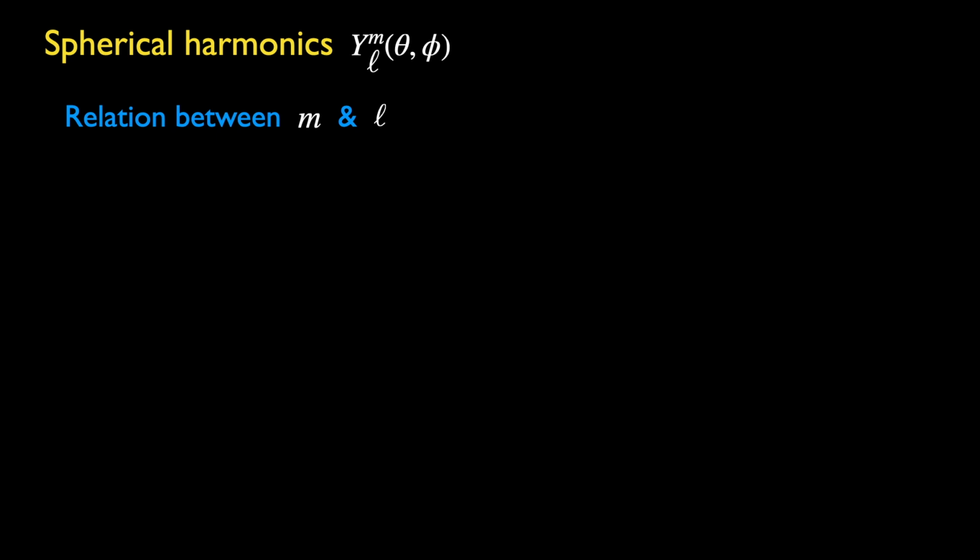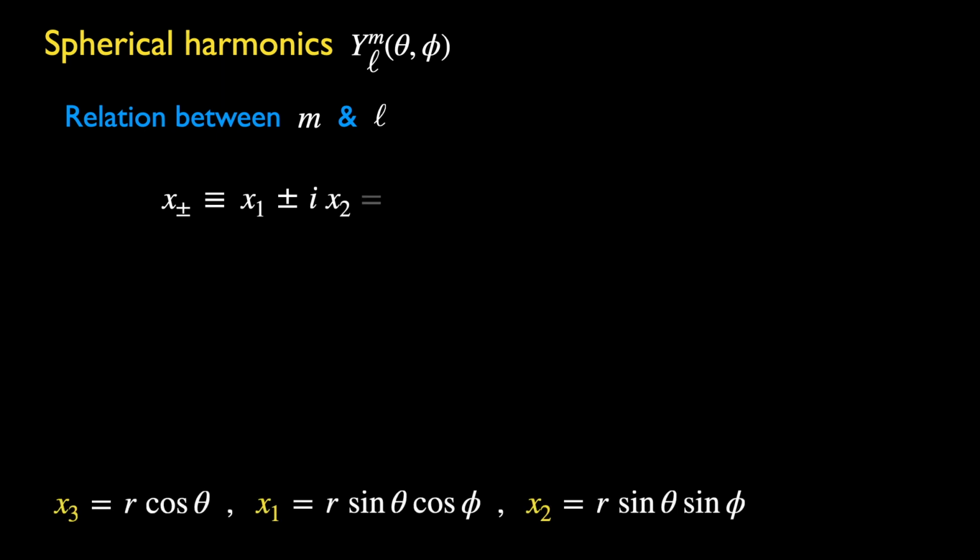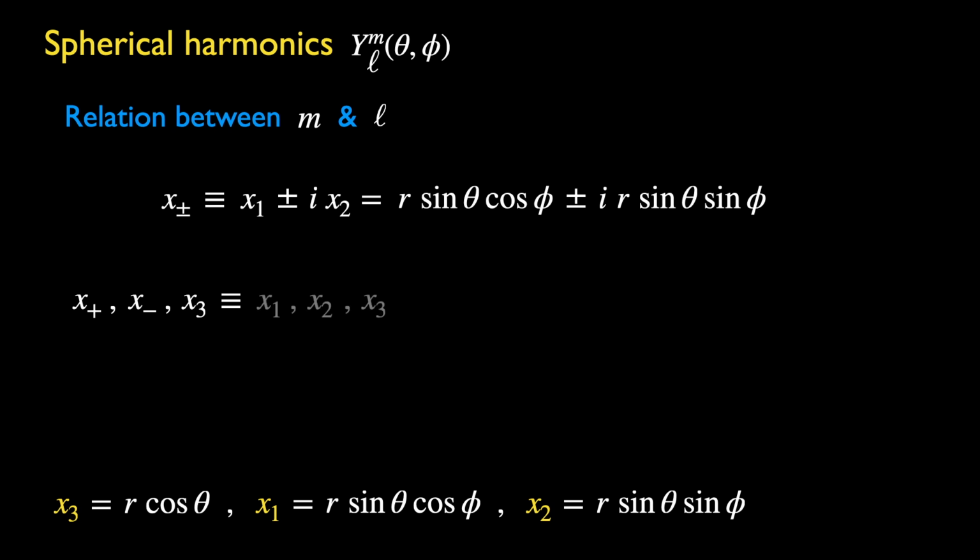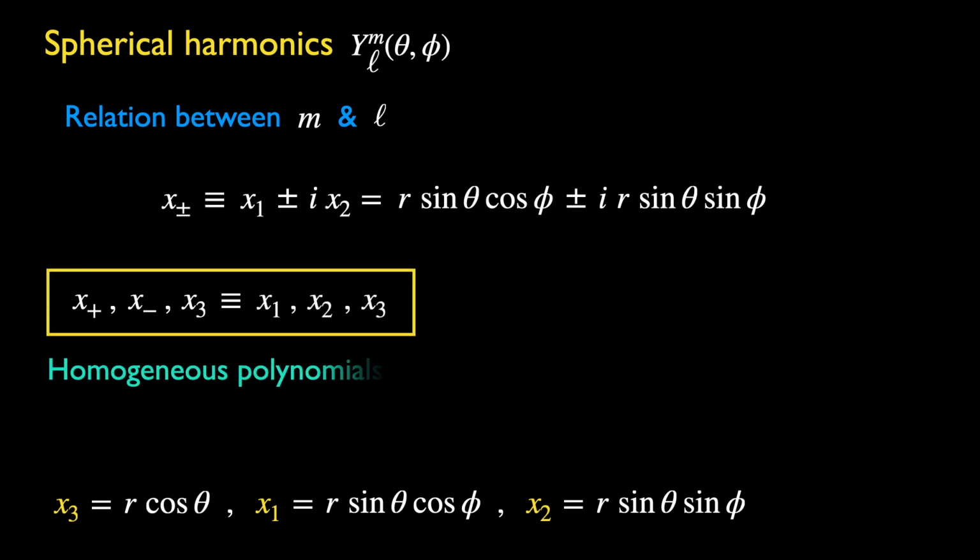For this purpose, it is convenient to define the following coordinates, x plus and x minus. They are both linear in r, and therefore do not change the way we count the powers of r in the previous discussions on homogeneous polynomials. Together with x3, they are in fact equivalent to the original Cartesian coordinates.